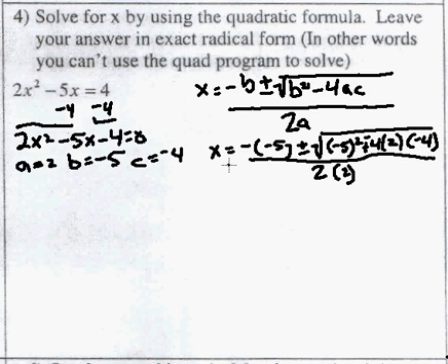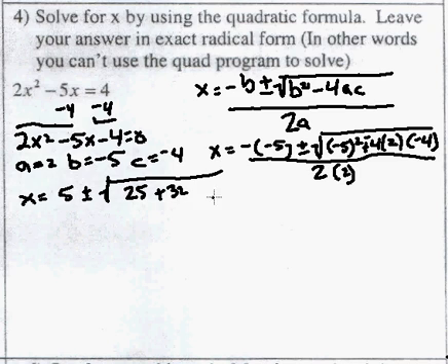Alright? So, performing the calculations, now I have x is equal to 5 plus or minus the square root of 25. And negative 4 times 2 is negative 8. Negative 8 times negative 4 is a positive 32.